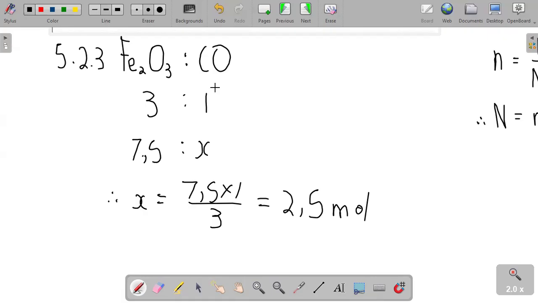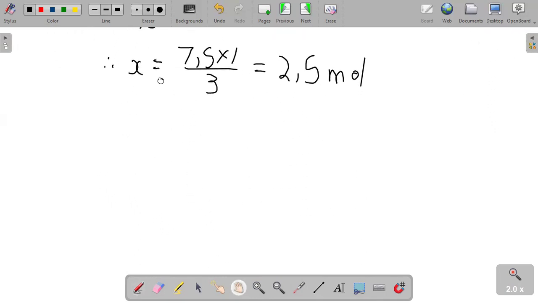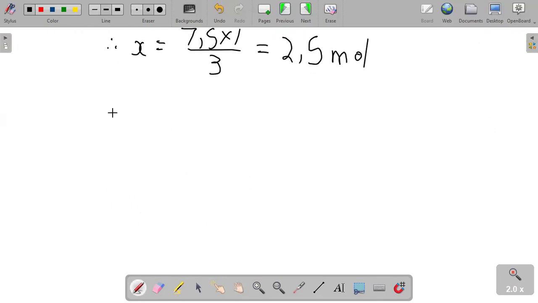So then we can find the volume. We need the constant and the number of moles here to find the volume. So n is going to be equal to V divided by Vm. And then if we change the subject, V will be equal to n multiplied by Vm.